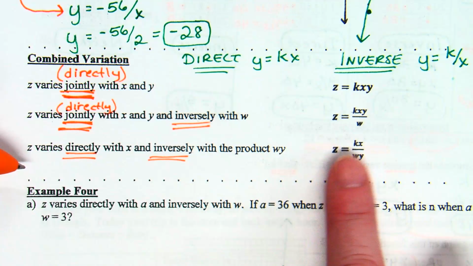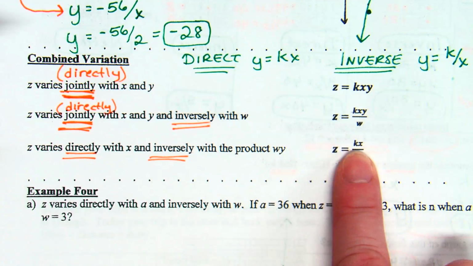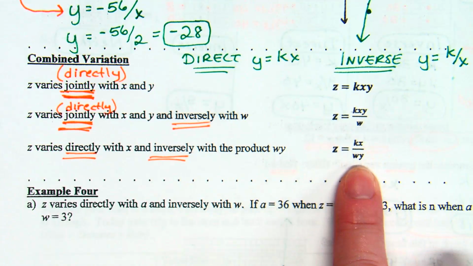Now, there's a typo somewhere on this first one. What is n? There's no n in the problem, so that should say, what is z? It's all about z, A, and W, and then they say, what is N?